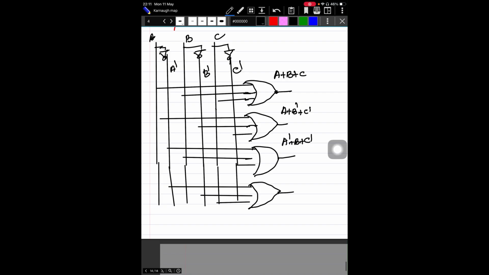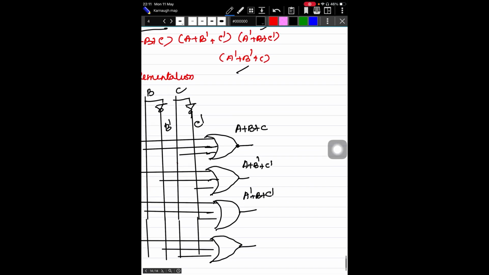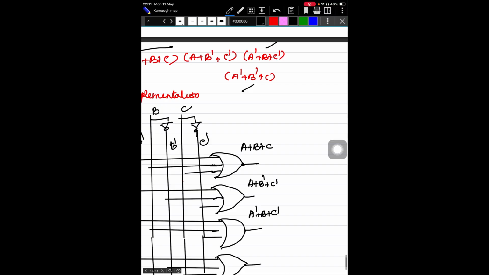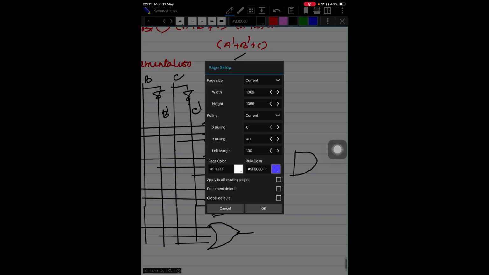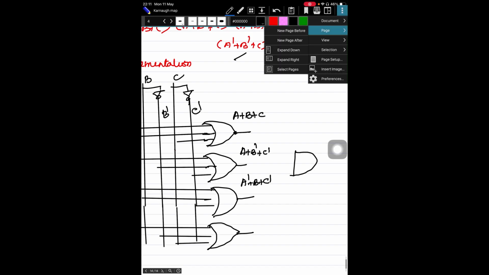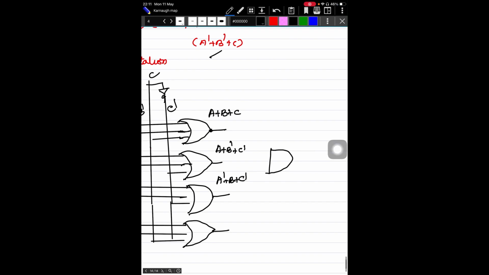Is my implementation complete? No, I still have to find the product. To find the product, I'll connect an AND gate at the output.